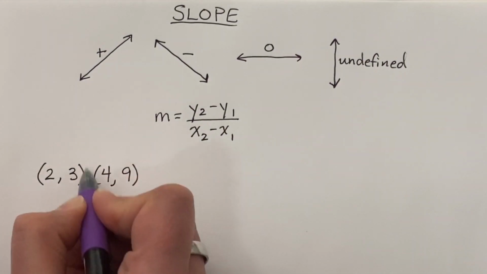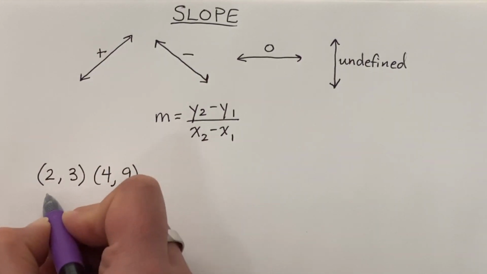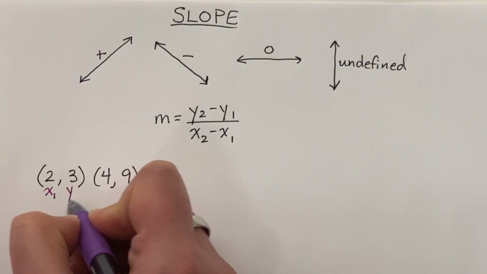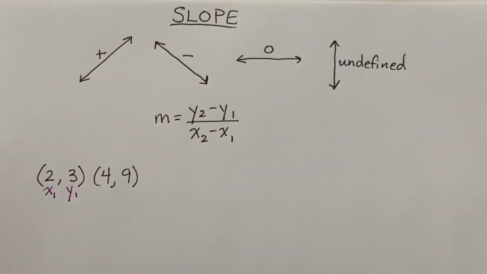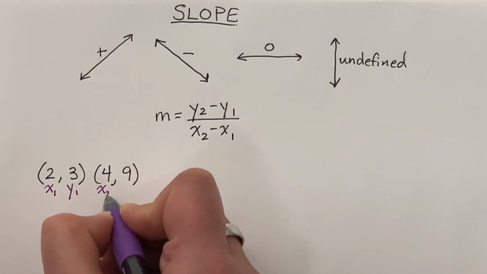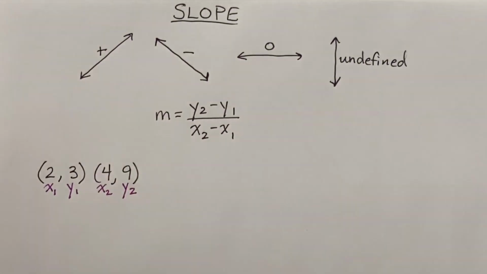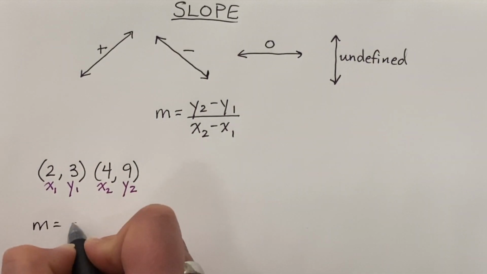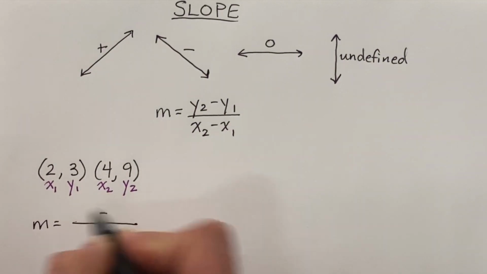Since this is my first ordered pair, this would be my x sub 1 and my y sub 1. Since this is my second ordered pair, this would be my x sub 2 and my y sub 2. Then all you have to do is plug those numbers in the correct spot into the formula.